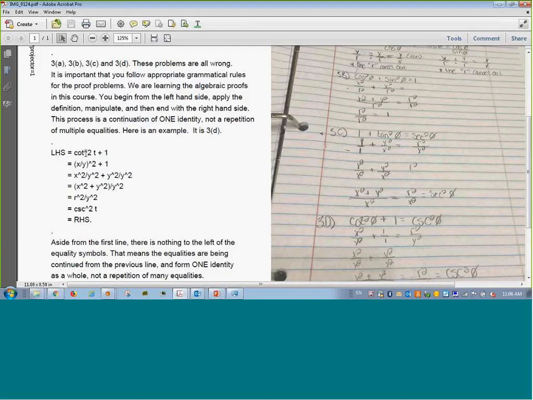Start from the left-hand side, apply the definition, and manipulate, and all these are just an extension or continuation of one identity, not several separate identities, but actually one identity. Consequently, please take a look at this. The left-hand side of all this, like these inequalities, this part where my mouse is running, that's empty.